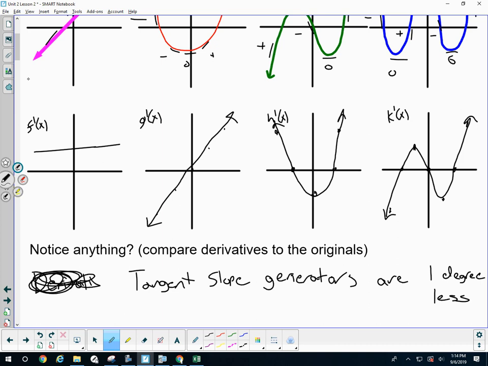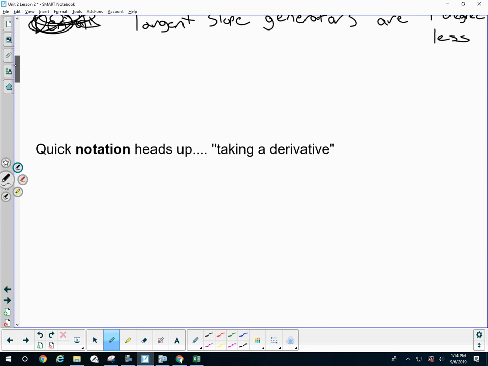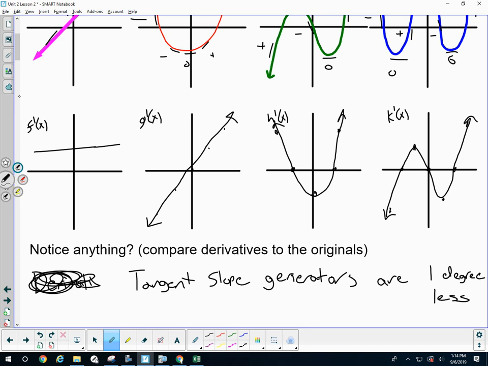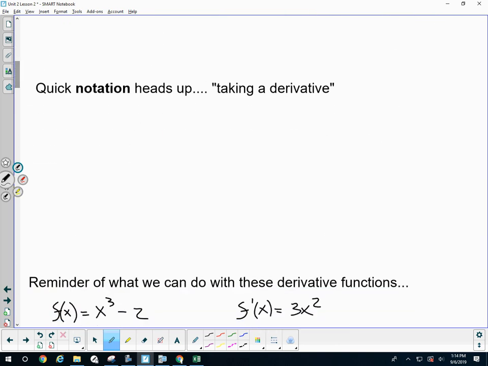Okay, great. Before we get into the power rule, because it's actually a little bit more complex than just subtract 1 from the degree, we need to talk about some notation that we will be using. And I will be saying, take the derivative in the future. Now, when I say take the derivative, what I'm really saying is find the tangent slope generator.